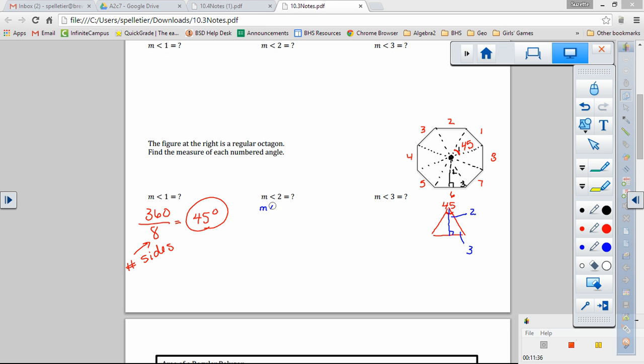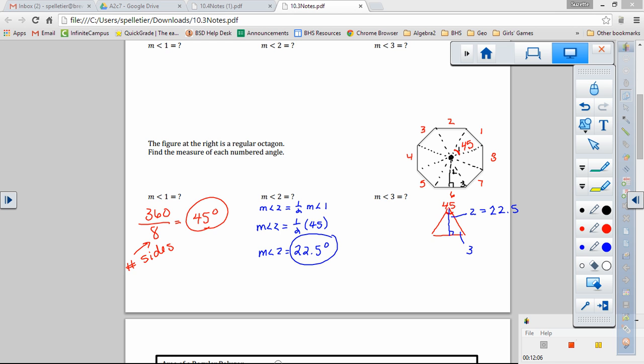The measure of angle 2 equals 1/2 the measure of angle 1. So I need 1/2 of 45 degrees, and that's going to give me the measure of angle 2. Half of 45 is 22.5 degrees. So angle 2 is 22.5 degrees. Okay?